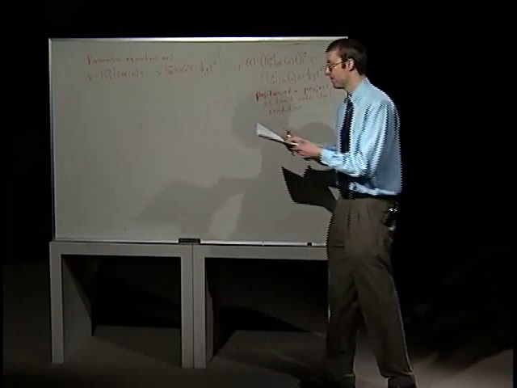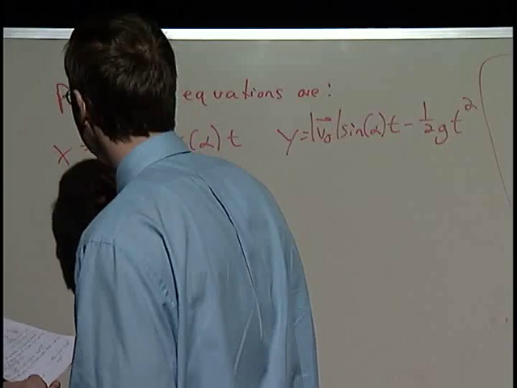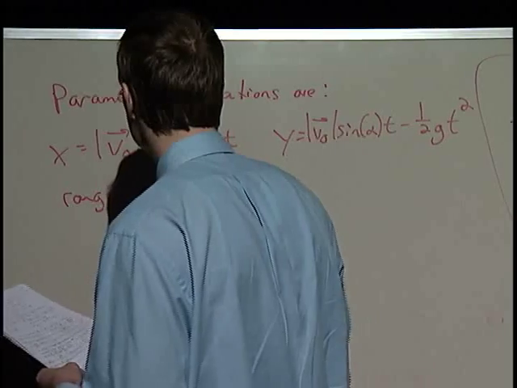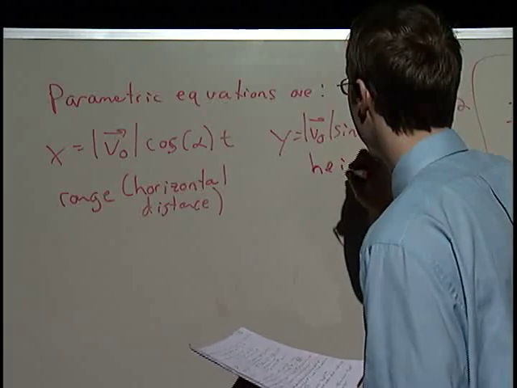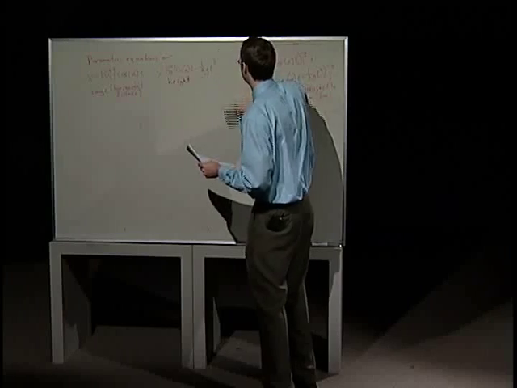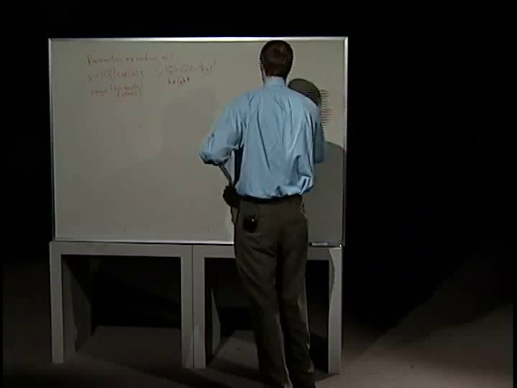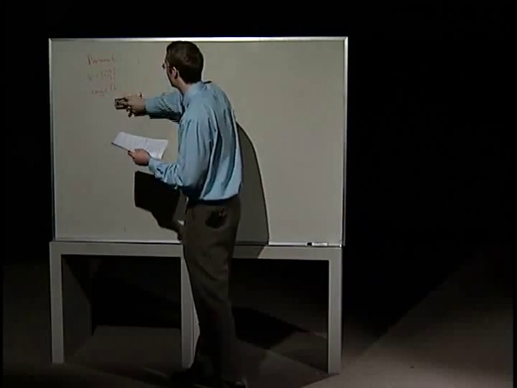Right? So there's your parametrics. And so x and y give respectively the horizontal distance and the vertical distance. So x gives what we call the range, which is horizontal distance, and y gives the height. Okay? All right, let's look at an example of this stuff. Okay, so again, this is all idealized motion. Okay, so there's parametrics. Let's get rid of those, give ourselves a fresh slate.